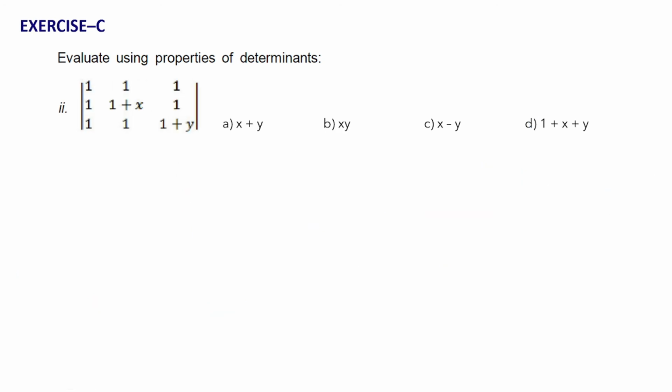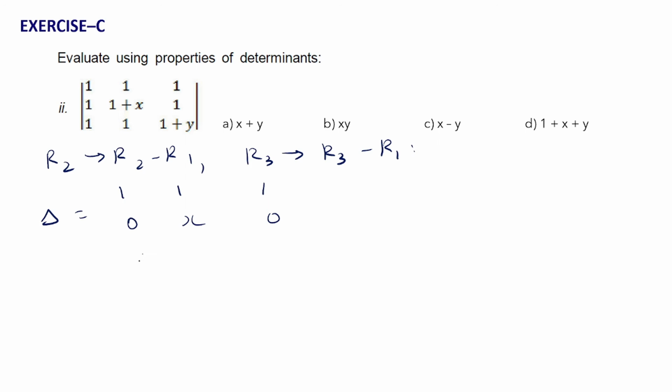The next question, determinant of 1, 1, 1; 1, 1 plus x, 1; 1, 1, 1 plus y. So let us use the properties of determinants and perform the operation R2 changing to R2 minus R1 and R3 changing to R3 minus R1. So we have the given determinant, first row remains the same, in the second row we have 0, x, 0, and in the third row we have 0, 0, y.